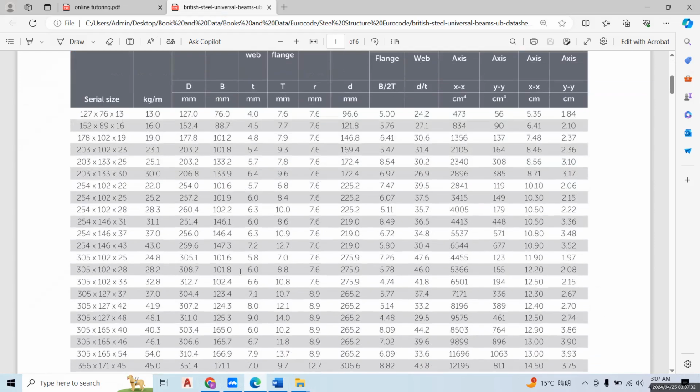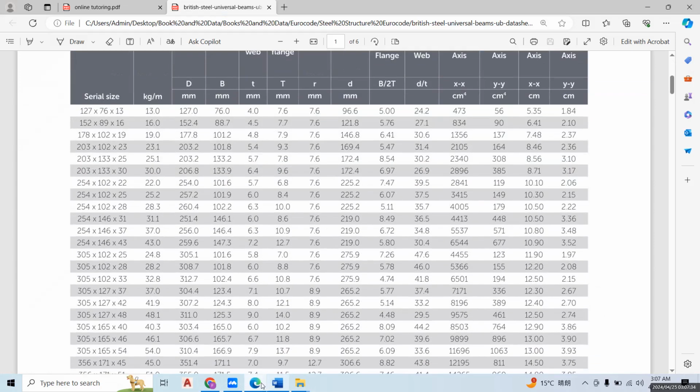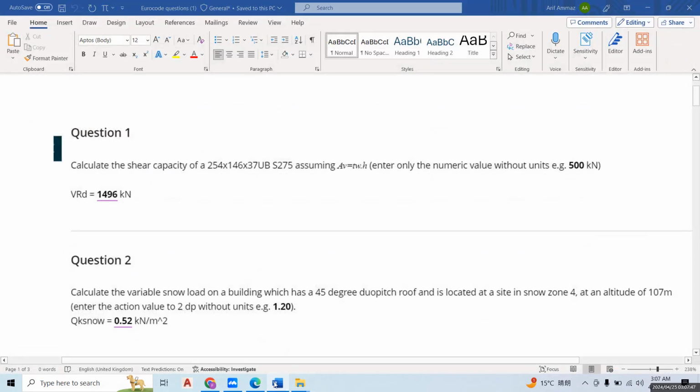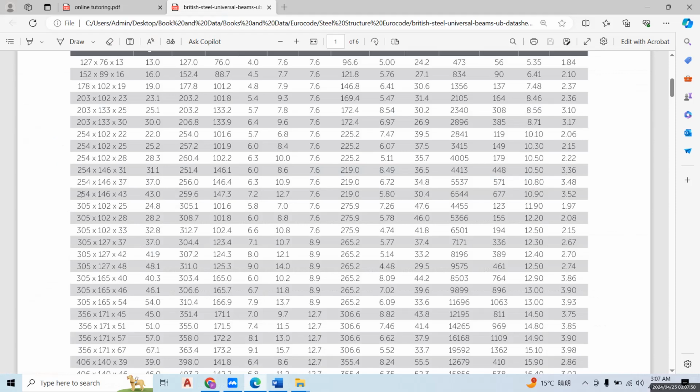So what are your section properties? Let me show you: 254, 146, and 37. I will just highlight this.